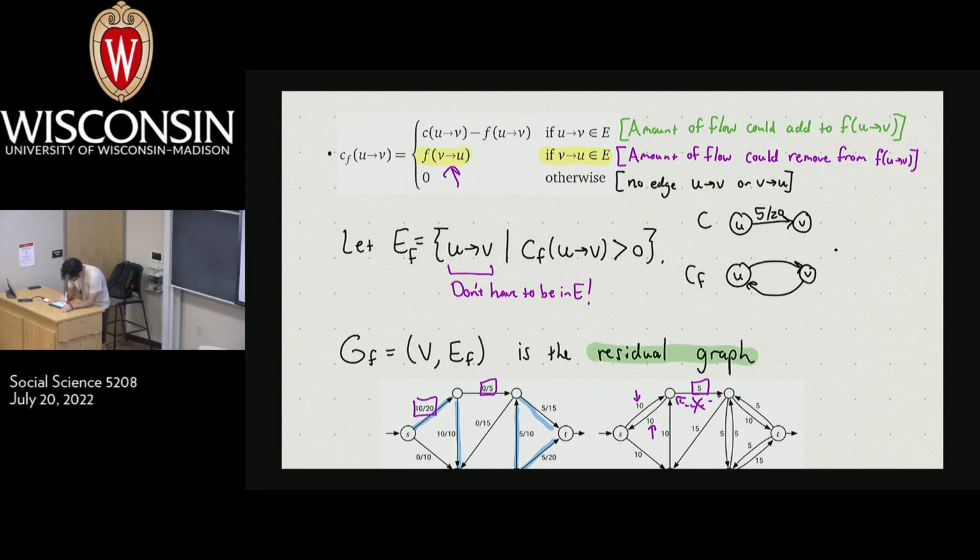So we can add 15, or we could remove 5. Edges going in the same direction as they originally were indicate how much we can add to the flow for that edge. And edges that are reversed from what's in the original graph indicate how much we can remove from the flow while maintaining feasibility.